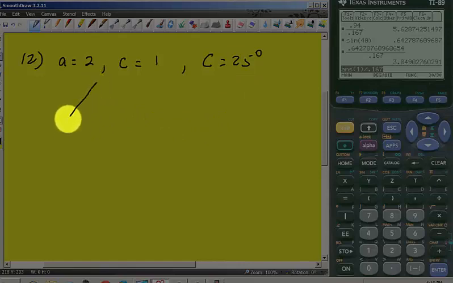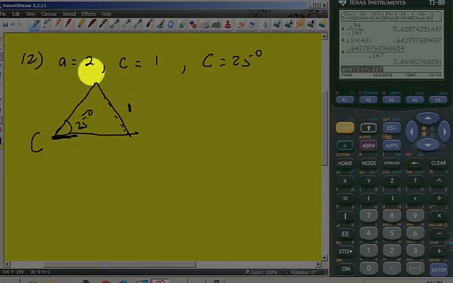I am going to put my angle right there. That's 25 degrees. This is my angle C, so my side C, I'm going to call that 1.